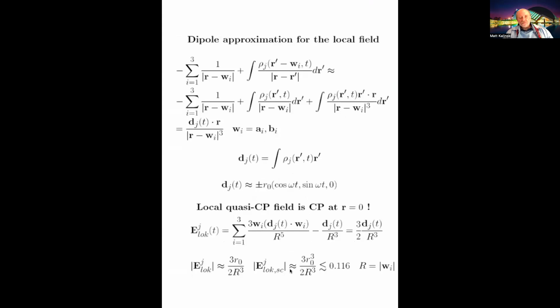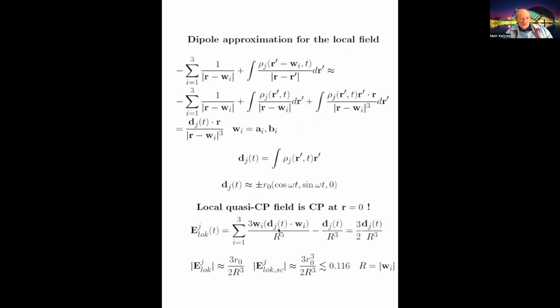So if you do the dipole approximation from classical electrodynamics, for example, from the classic by Jackson, then you will find out that indeed the field generated by the nearest neighbors is circularly polarized.